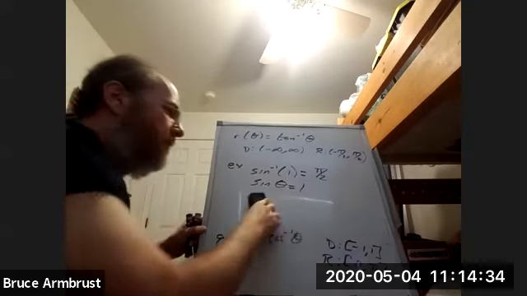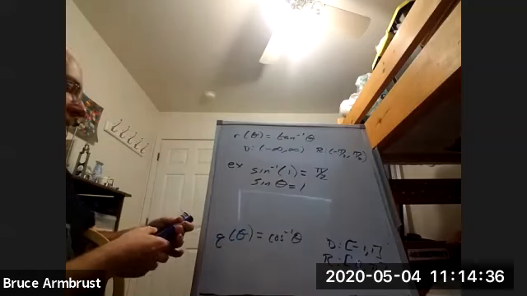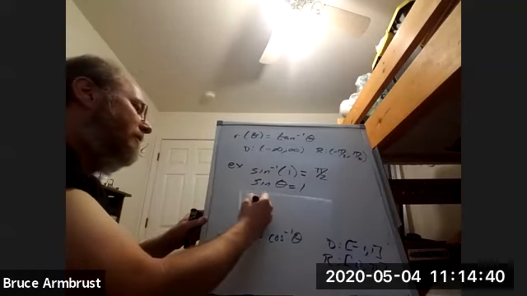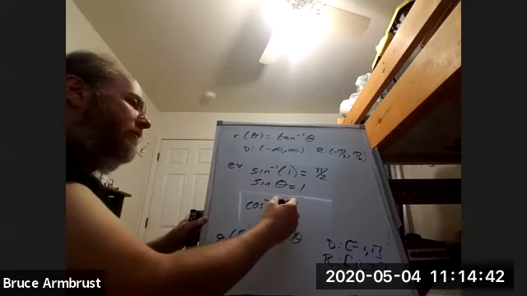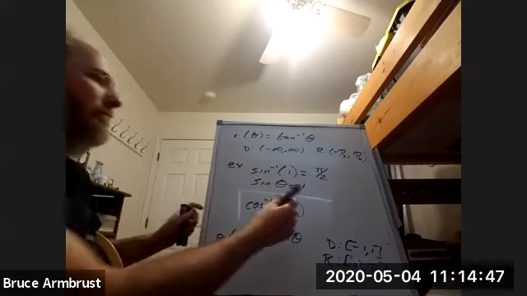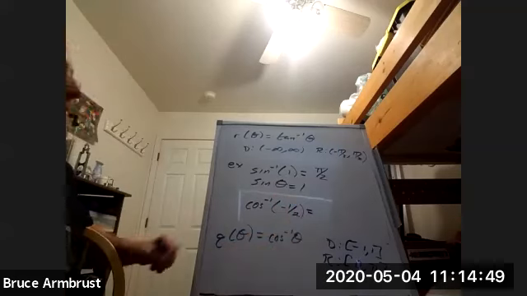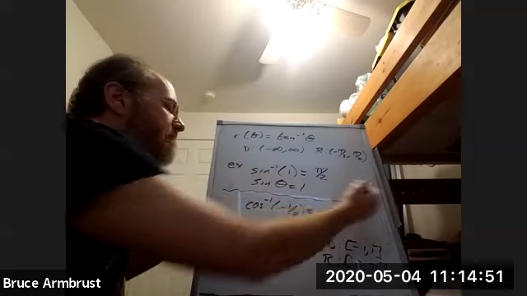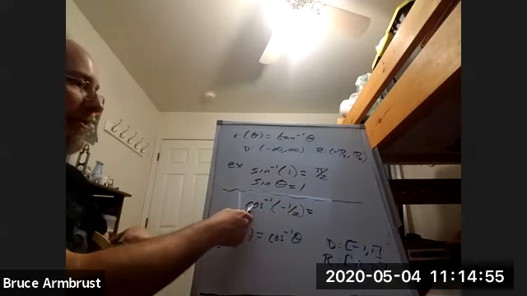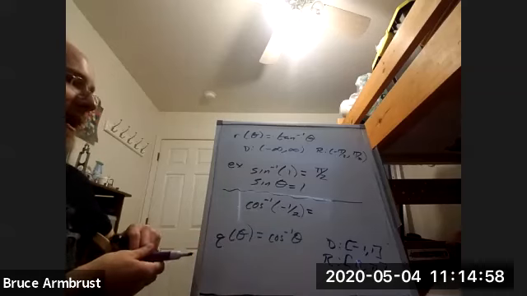How about if we do cosine inverse? Let's try cosine inverse of -1/2. Okay, so there's another one. So what we're looking for is an angle whose cosine is -1/2.